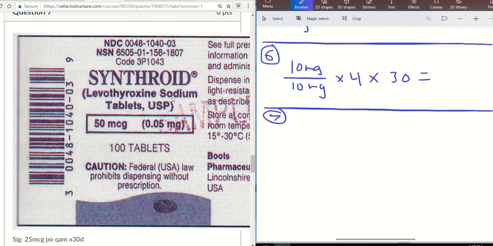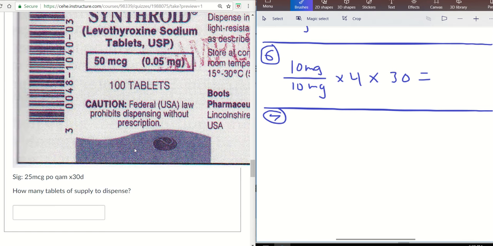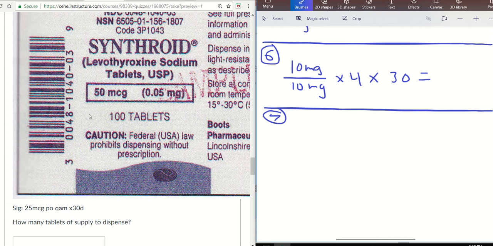Synthroid, levothyroxine. We got 2 strengths, so they have it in micrograms, 50 micrograms, or milligrams, 0.050 milligrams. So we can use either or, whichever comes up. It's in micrograms, so we'll use the microgram numbers. Makes it easy.